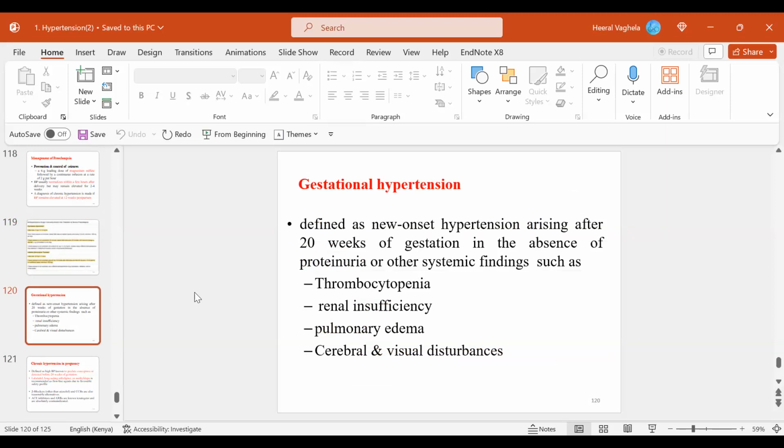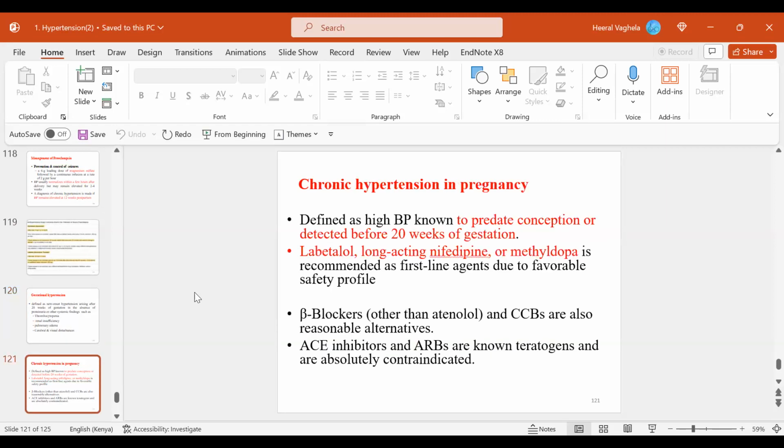This is just hypertension after 20 weeks of gestation. And now chronic hypertension in pregnancy is before 20 weeks of gestation. First line over here is to give labetalol, nifedipine, and methyldopa.